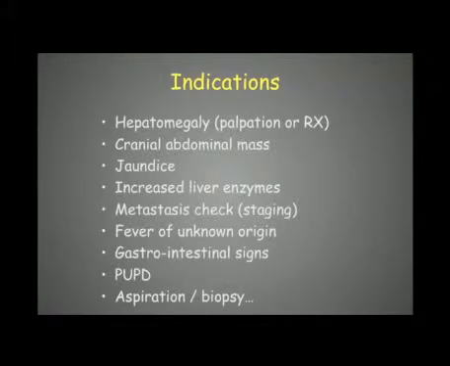In case of jaundice, we also have to evaluate the liver, if we have increased liver enzymes, if we want to do a metastasis check, for example in the staging of a mastocytoma, in case of fever of unknown origin, if there are gastrointestinal signs, in case of PUPD, or if we want to aspirate or biopsy some lesions of the liver.